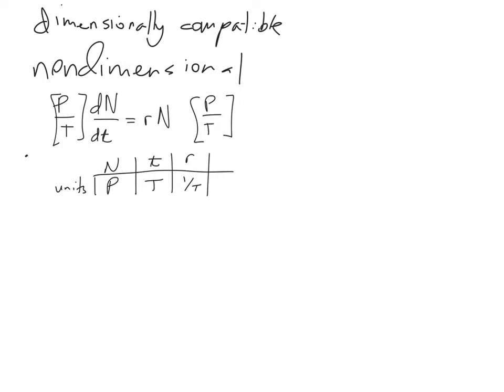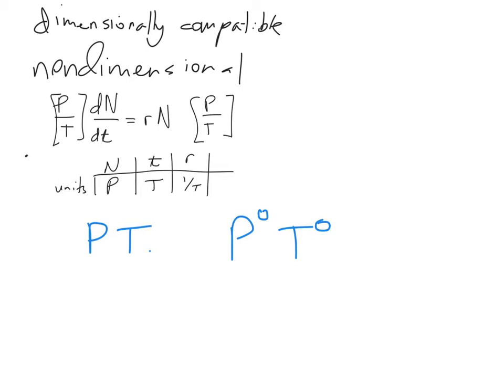So to find a dimensionless product, the only units that show up are P and T. So a dimensionless product of these variables would have units of P to the 0, T to the 0, meaning that neither P nor T is actually showing up.